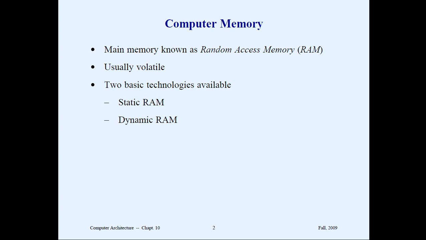It's not a permanent type of memory as you see in ROMs, for example, or even storage devices. So it's definitely volatile, and there are two basic technologies that we'll look at, static RAM and dynamic RAM, and we'll talk about the differences shortly.